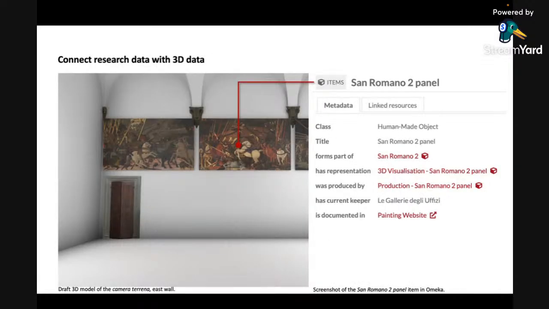And how we want to create this connection, or make it more direct, is here. This is a preliminary result of the reconstruction. It has the door and some of the paintings and corbels in it. Here we use Omeka S at the moment to store our research data, and we want a way to connect the 3D model with Omeka S. Basically, we want to be able to select one of the paintings and then get those data.